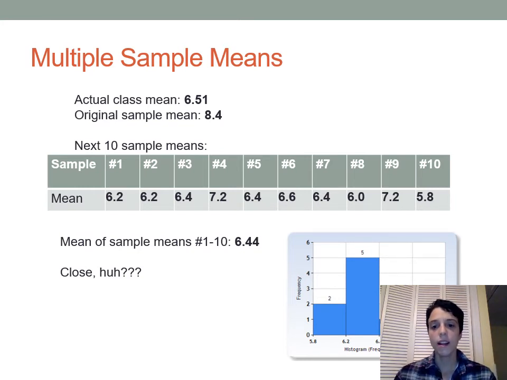And you can see that they're pretty nicely distributed around that 6.5. So most of them are pretty close. The tallest bar is the bar that includes 6.5, and the further away you get, the fewer sample means you have out there. So that's the sample means for the 10 that are in the table.